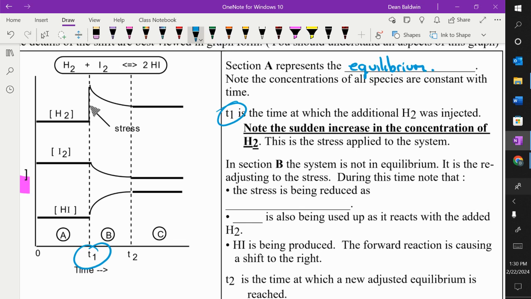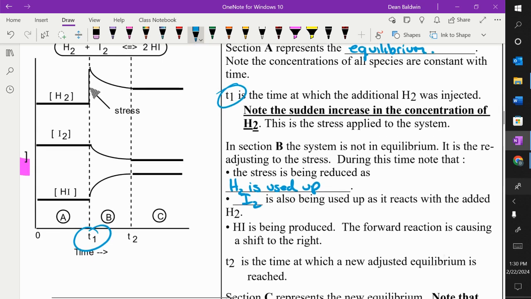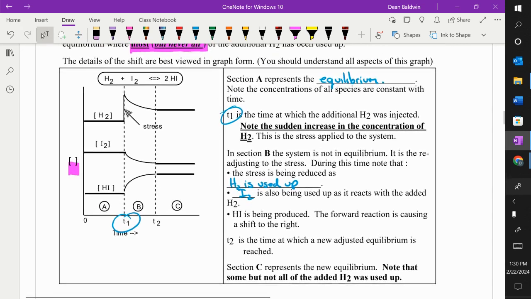Okay? The stress is being reduced as H2 is used up. I2 gets used up because it's part of the reaction, and HI is produced, and you get a shift to the right in the equilibrium. Okay?